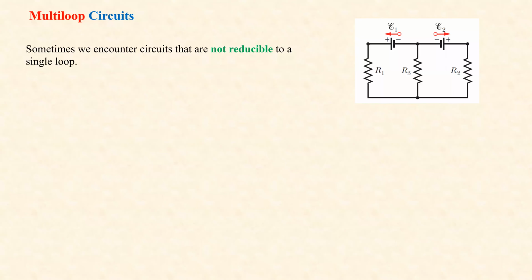For example, we can use conservation laws, like charge doesn't get destroyed or created. And also, if there's an electric field that drives the current here, if you go around one loop, because the electric field is conservative, the sum of all the potential differences comes up to be 0.